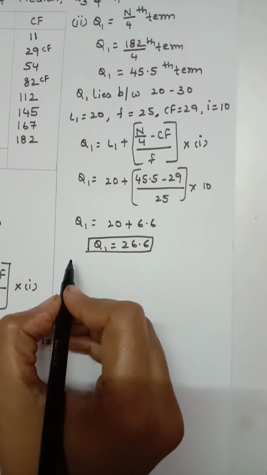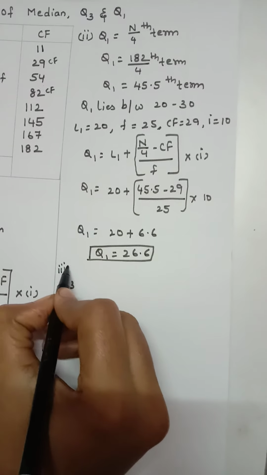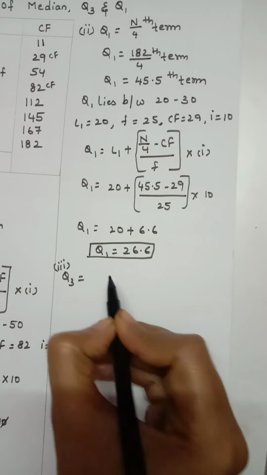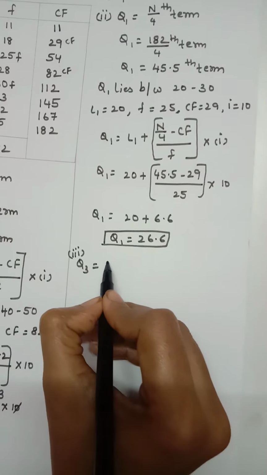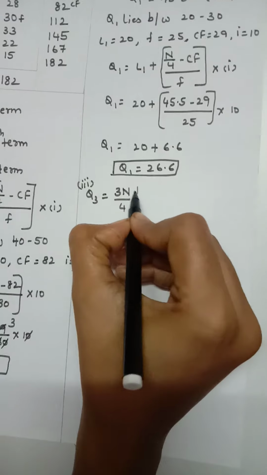The next one is Q3. The formula as per the continuous series is the 3n by 4 th term.